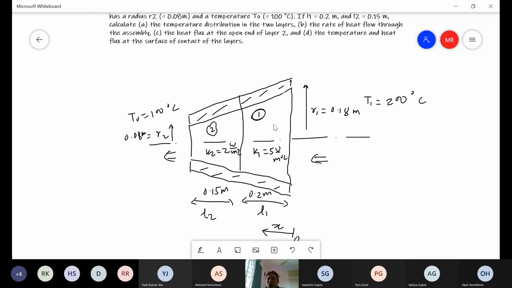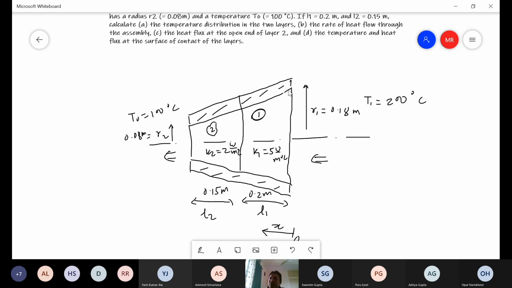Here, why is it not varying along the radial direction? Because there is no heat transfer taking place in a radial direction, and therefore there will not be any temperature distribution along the radial direction. That is why this insulation is put here. Even though we are not using anything with respect to this insulation, it is in the problem statement.